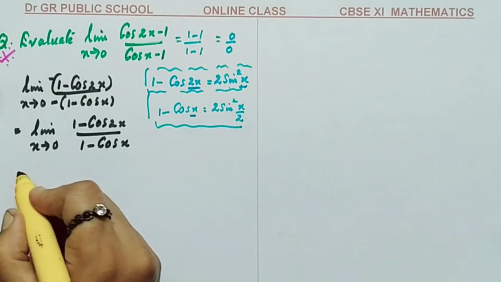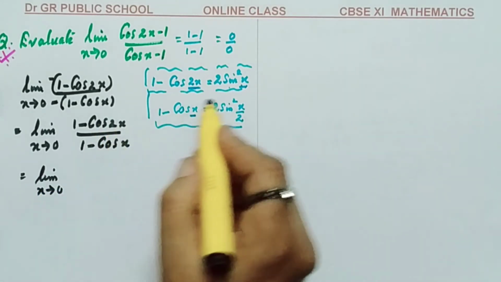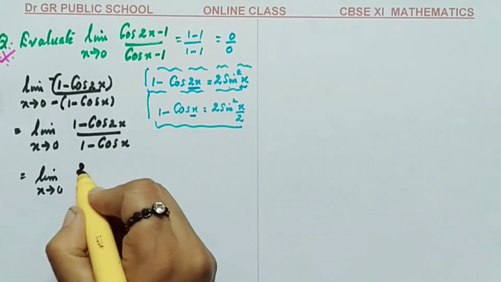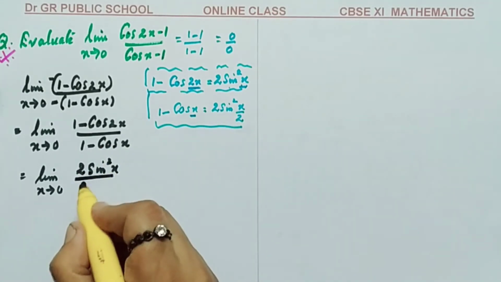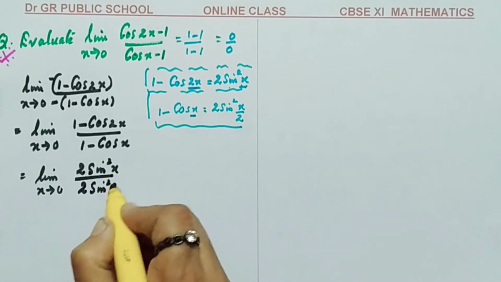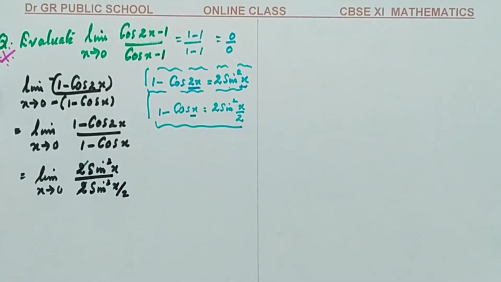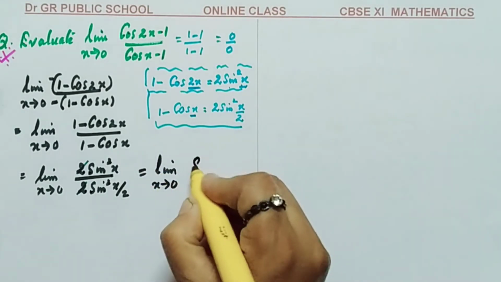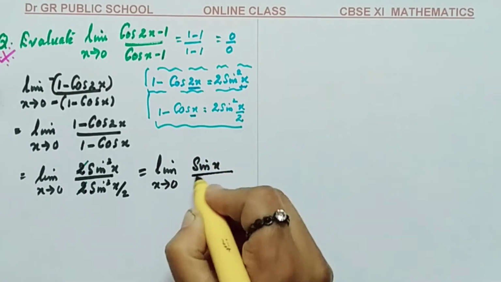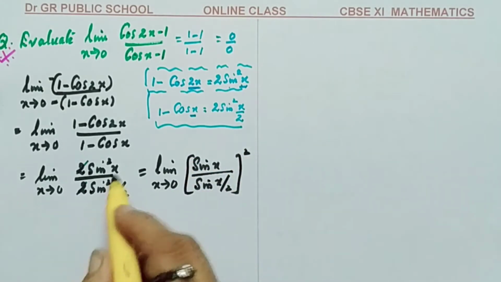So that equals limit x tends to 0, the numerator 1 minus cos 2x can be replaced with 2 sin square x divided by 1 minus cos x can be replaced as 2 sin square x by 2. Again 2 gets cancelled. Now we can arrange this as limit x tends to 0 sin x divided by sin x by 2 the whole square, because both of them have square.